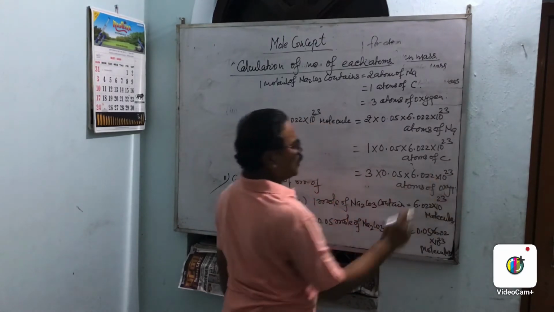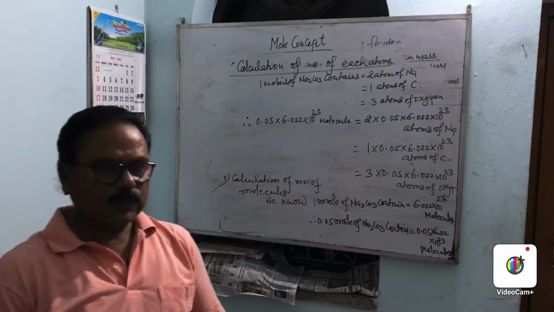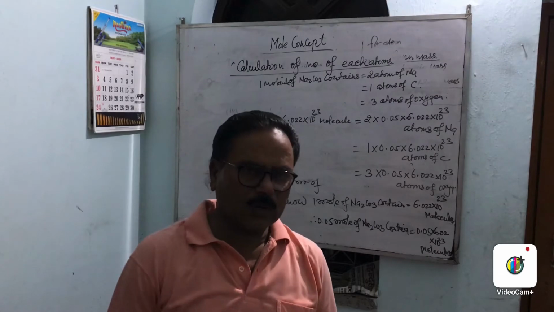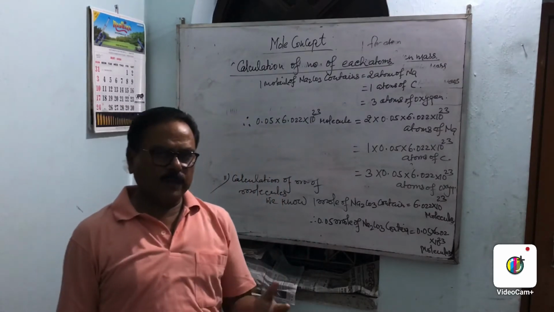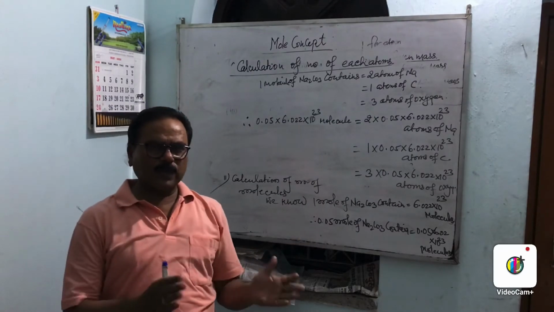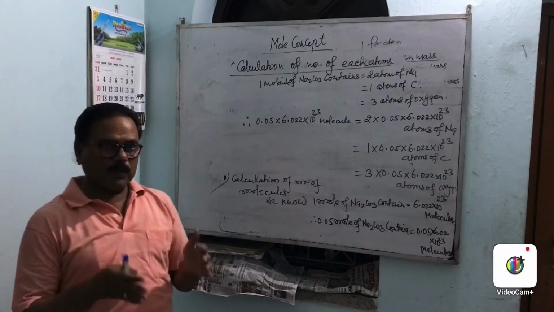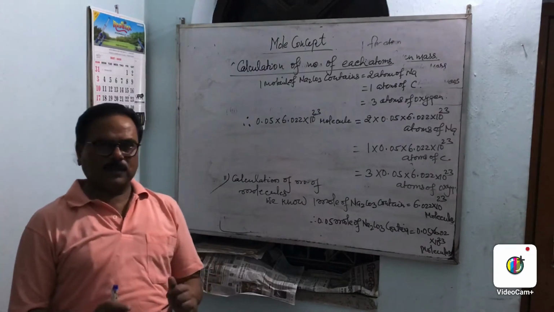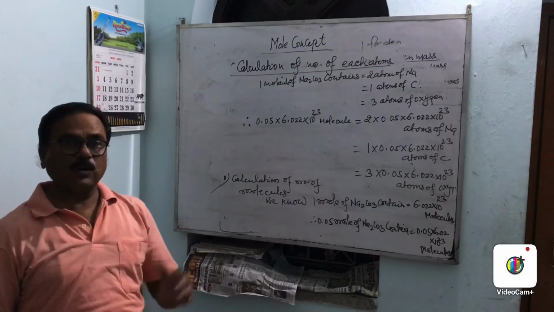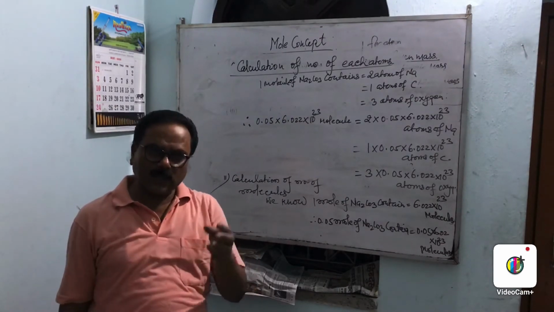So let us see how we will proceed. In order to solve problems based on the mole concept, in the case of an atom, we calculate the moles for the atom, and whatever be the requirement, we proceed accordingly. In the case of a molecule, we calculate the molecular mass.